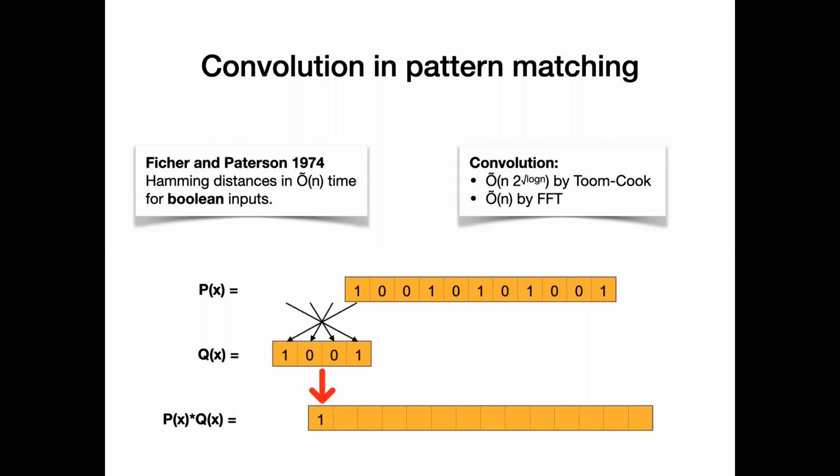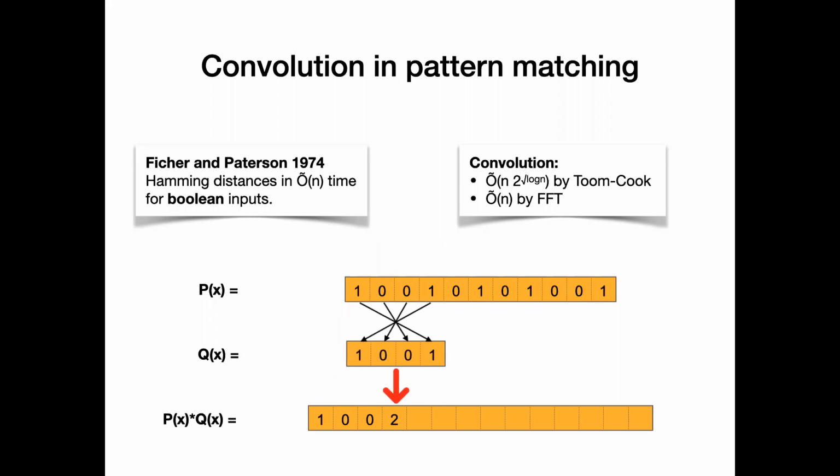Each coefficient of the multiplication comes from combining many corresponding positions between P and Q, and it's essentially counting how many ones matched with ones on the pattern side and on the text side, but the pattern is inverted.